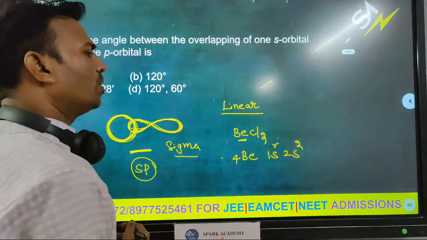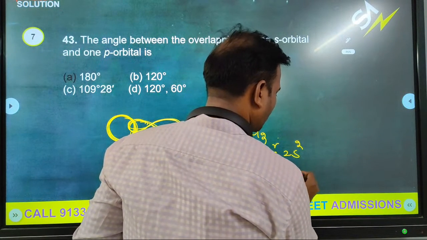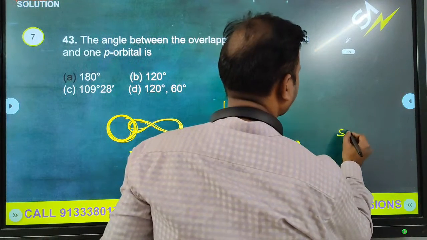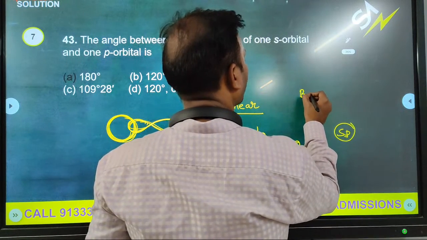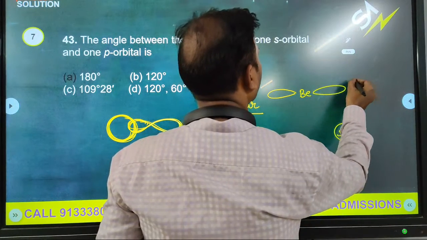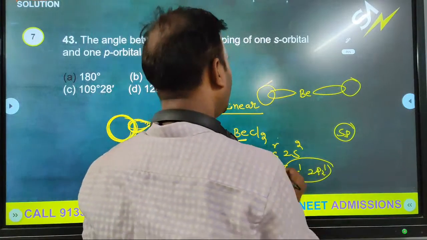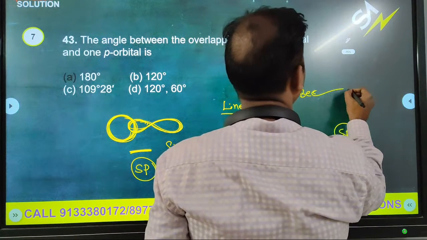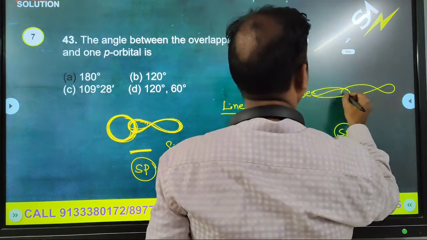In the excited state it is 1s2 2s1 2px1, so the hybrid orbitals are sp, sp. These overlap with the p orbitals of chlorine.